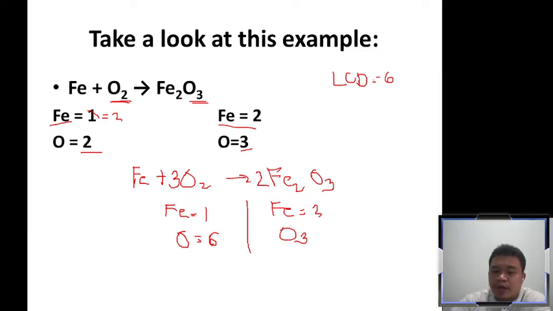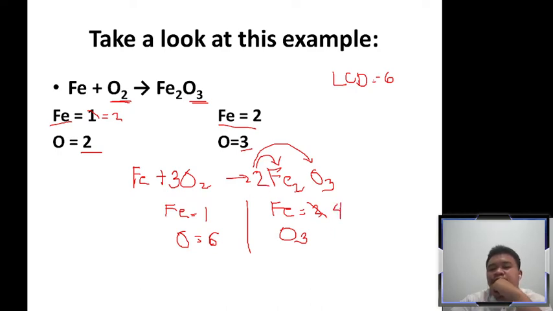So again, since we place 2 in a compound, this applies the distributive property. So we have to distribute this 2 to Fe also, as well as to oxygen. So since 2Fe, there is a coefficient in Fe here, which is also 2. So we are going to change this one right now. So Fe here now becomes 4. Okay?